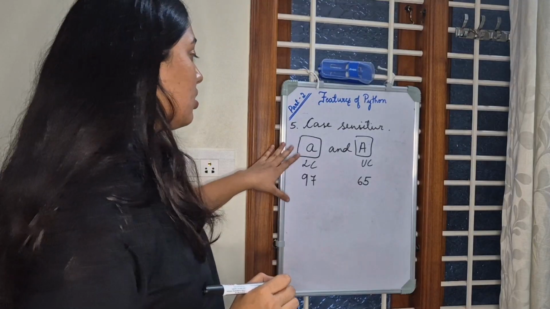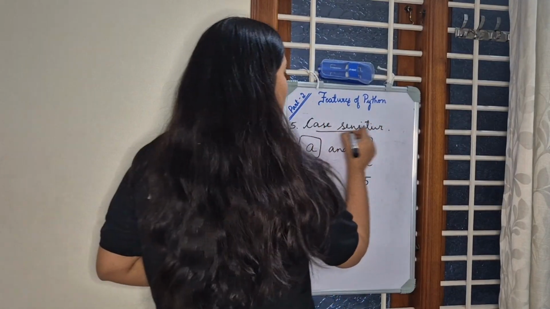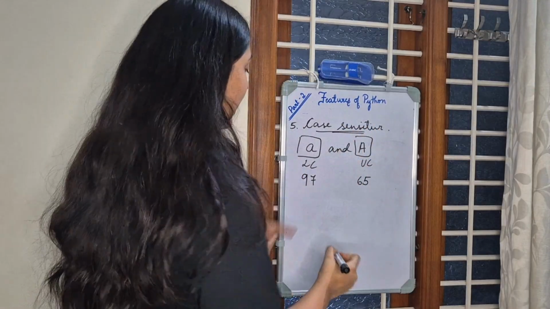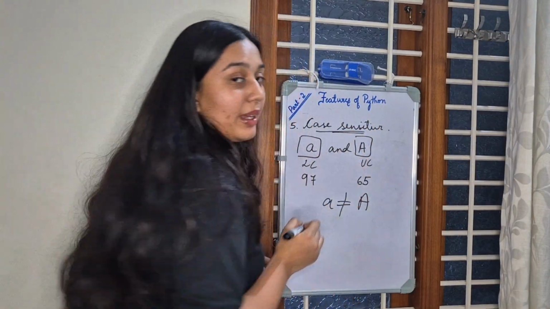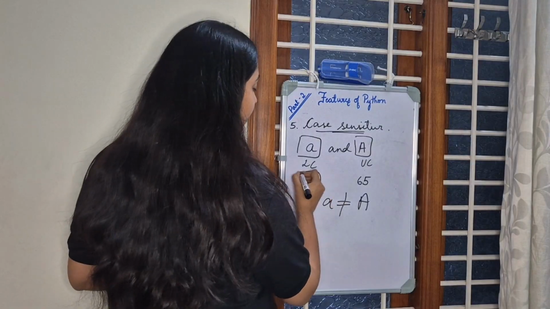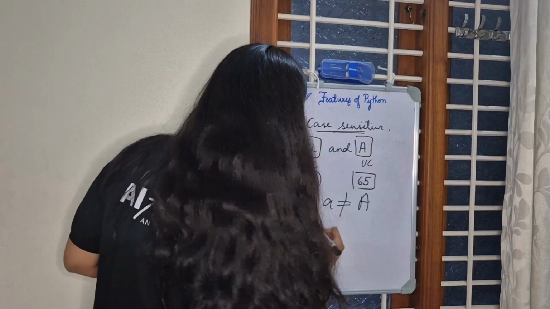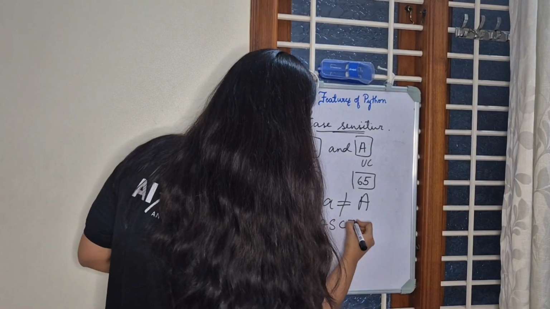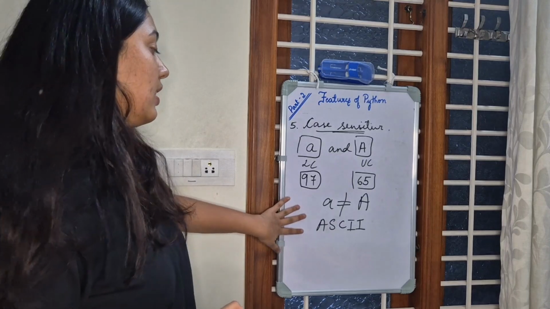So yeah, case sensitive. Python is case sensitive, basically meaning a is not equal to A in Python. If these have different values, this binary value, these are basically called ASCII values.